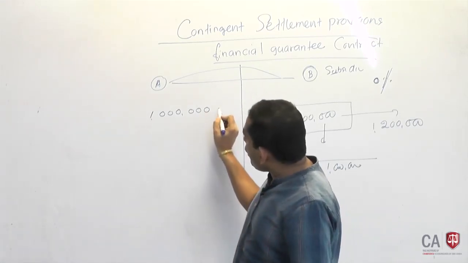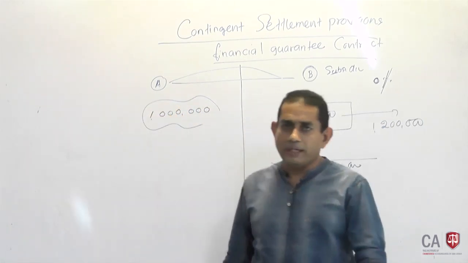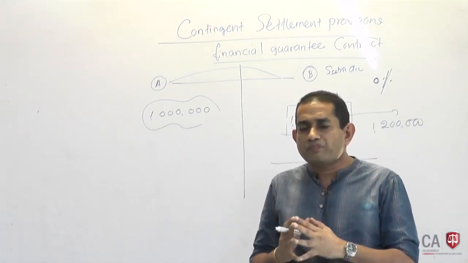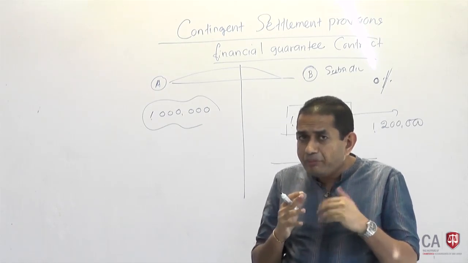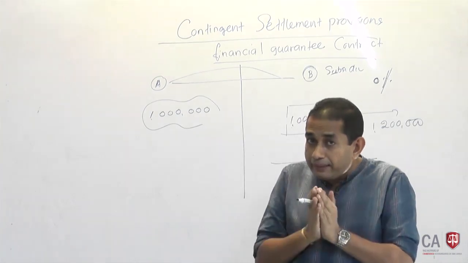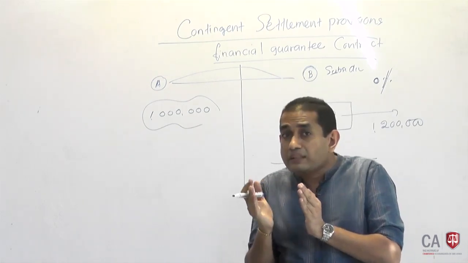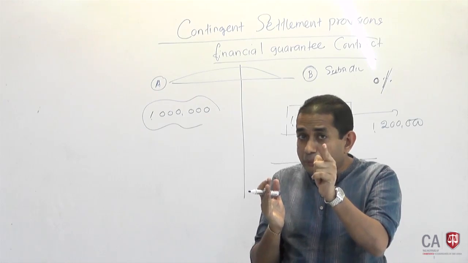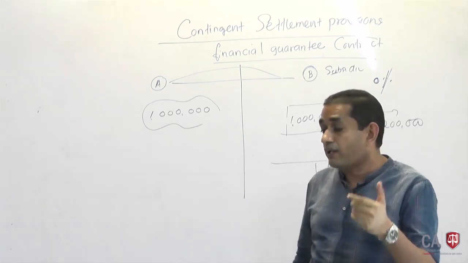So A need not recognize 1 million. Why? Then your financial statements are wrong. A is not certain about whether they need to pay 1 million rupees or not. If there is a material cash flow uncertainty, you do not recognize financial liabilities. You can remember the conceptual framework. Why then? It is not relevant information.